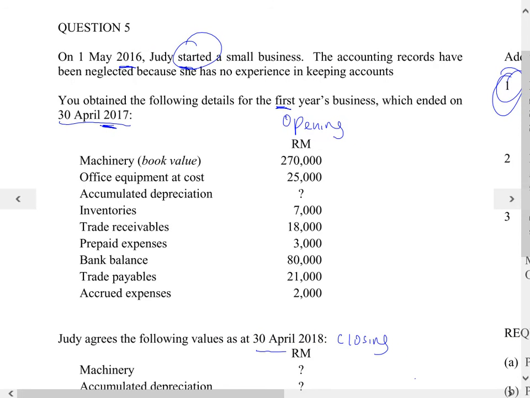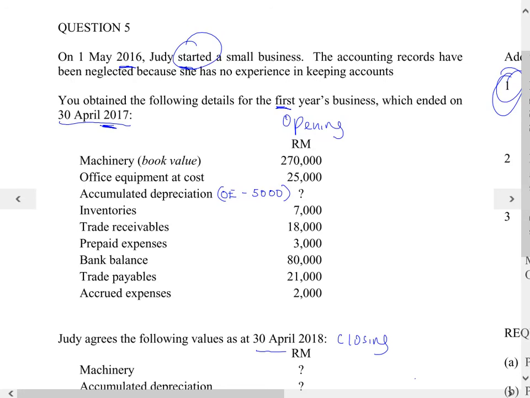We can find accumulated depreciation for office equipment. It will be 20% of 25. How much is it? So my accumulated depreciation will be 5,000 in first year. This one still quite okay, straightforward. And we know depreciation is bracket first year.